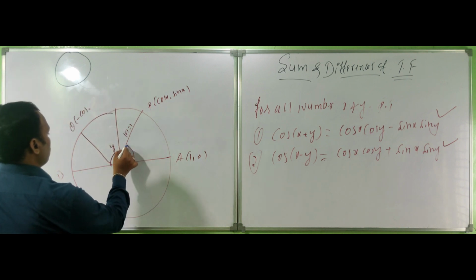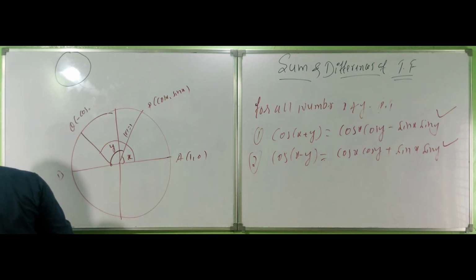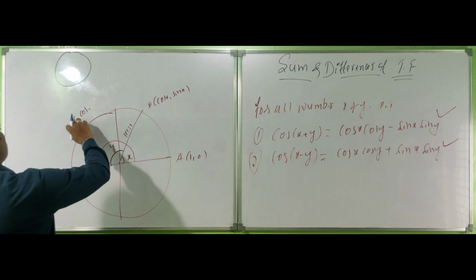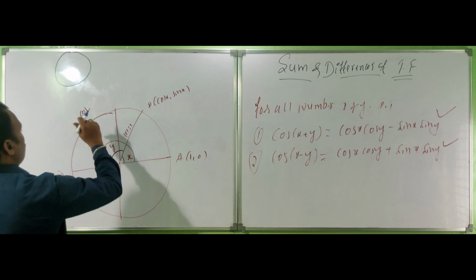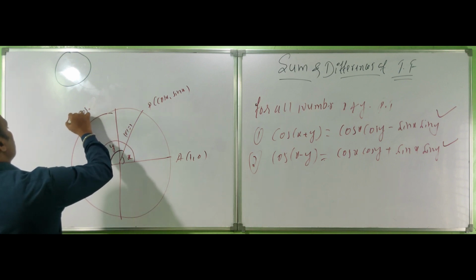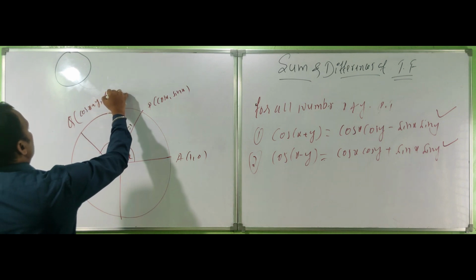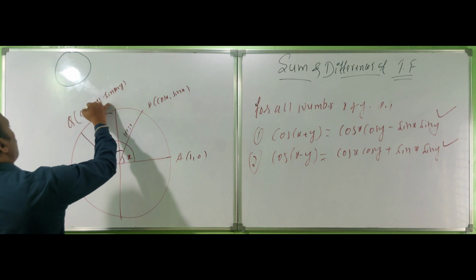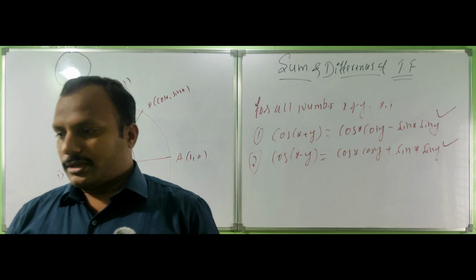This is the complete circle. Considering this circle with respect to the origin, Q becomes cos of x plus y and sin of x plus y. This is the symbolization.